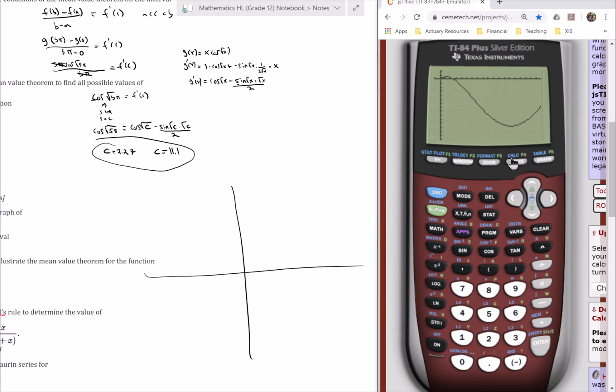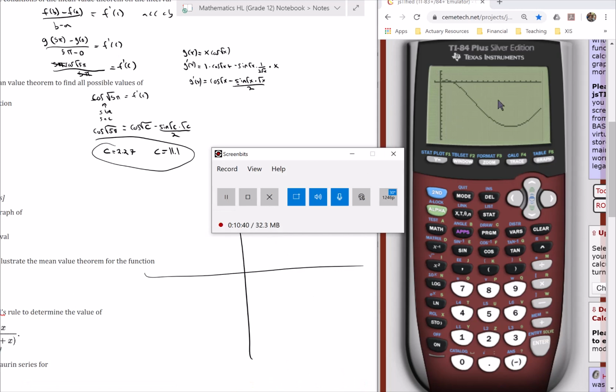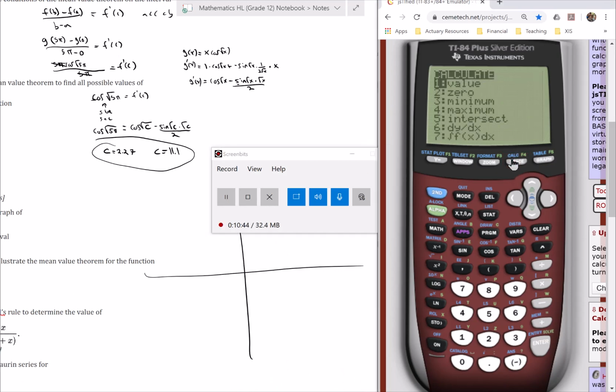So the way you can find axis intercepts here, if you want the y-intercept, second trace. Okay, so second trace.